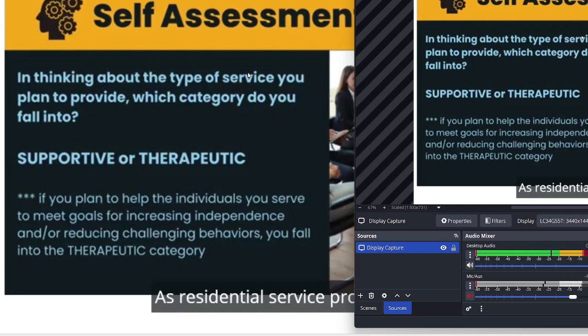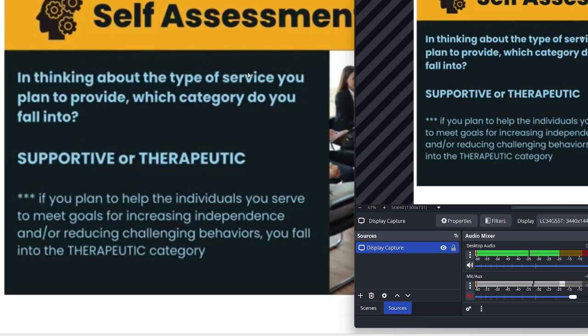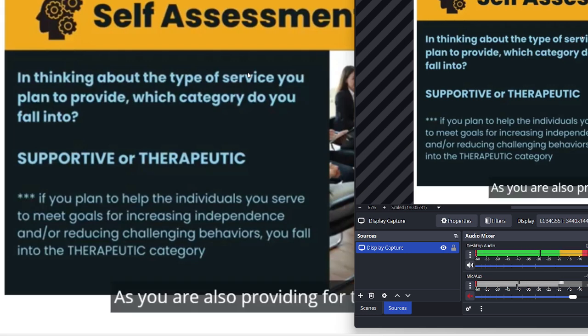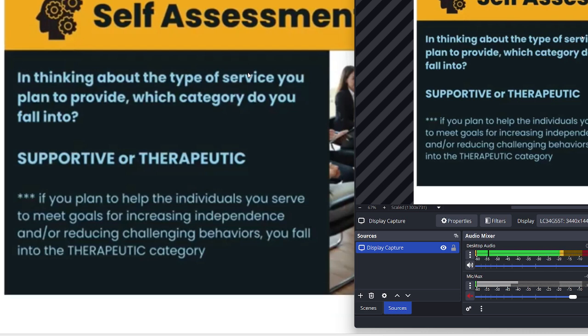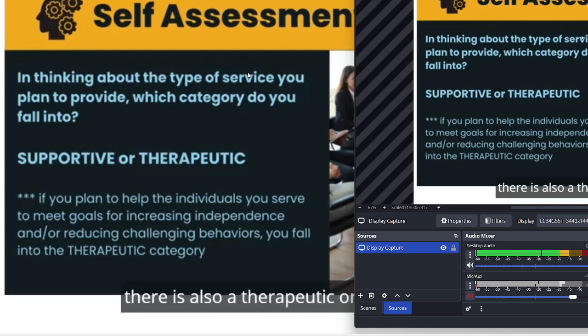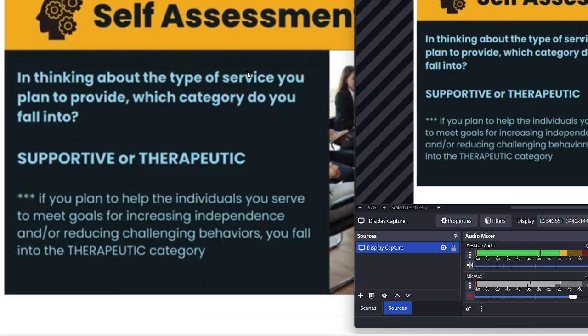As residential service providers, of course, there is a supportive component, as you are also providing for the care and supervision of the individual. But there is also a therapeutic or outcomes-based component.